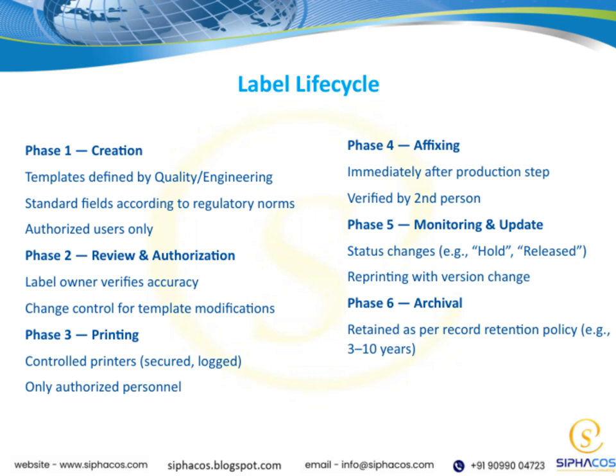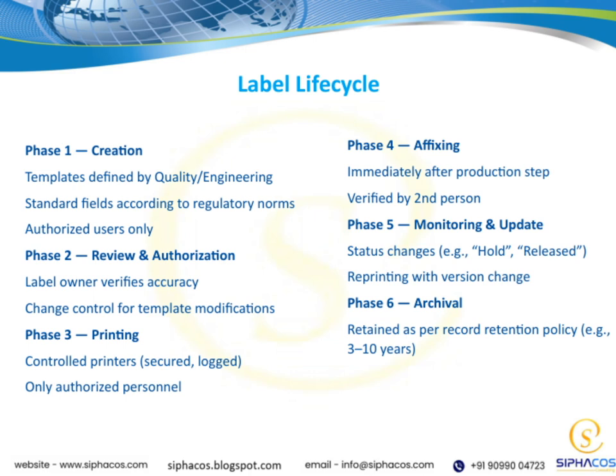Access is restricted to authorized users only to safeguard the integrity of the process. Moving on to Phase 2, review and authorization. Here, the label owner verifies that all information is accurate before moving forward. Any modifications to templates are controlled through a formal change control process, ensuring that updates are tracked and approved properly.